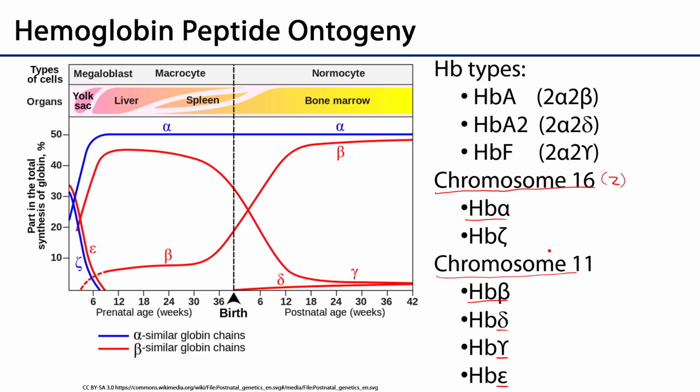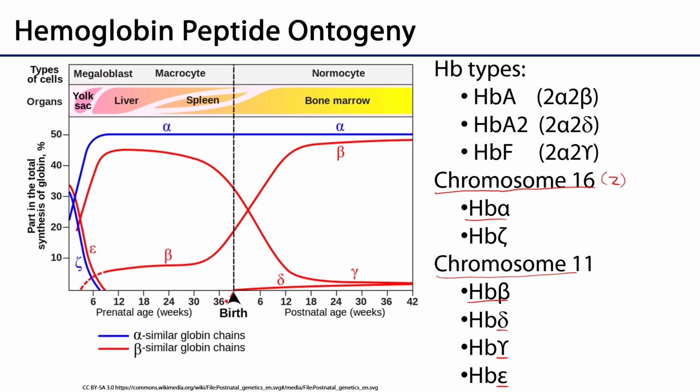And I really like this chart here. So off to the left, we see the part of the total synthesis of the globin protein as a matter of percentage. And on the x-axis here, we can see the age, either the prenatal age in weeks or the postnatal age in weeks.